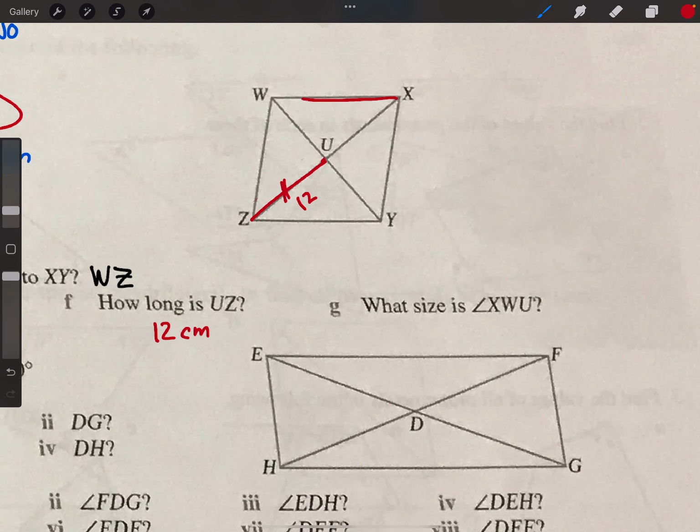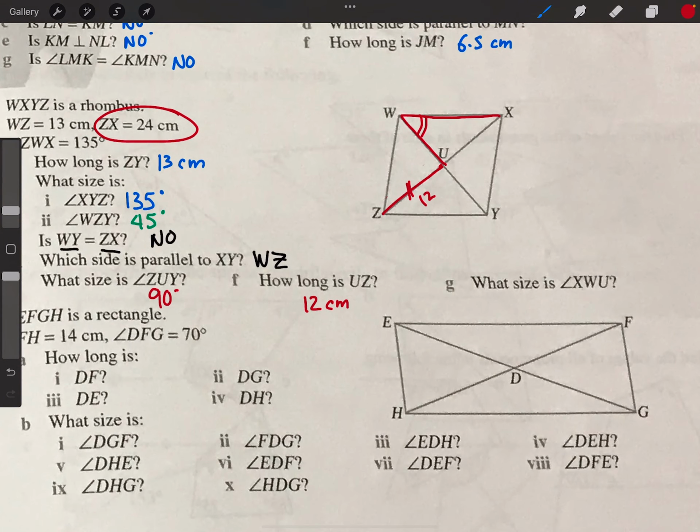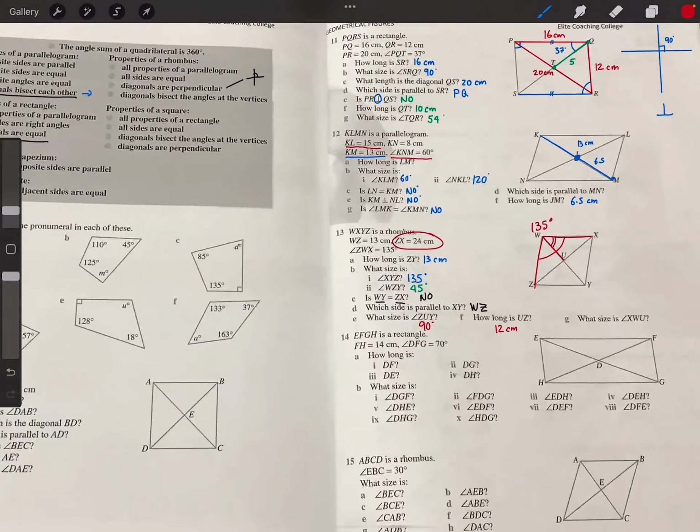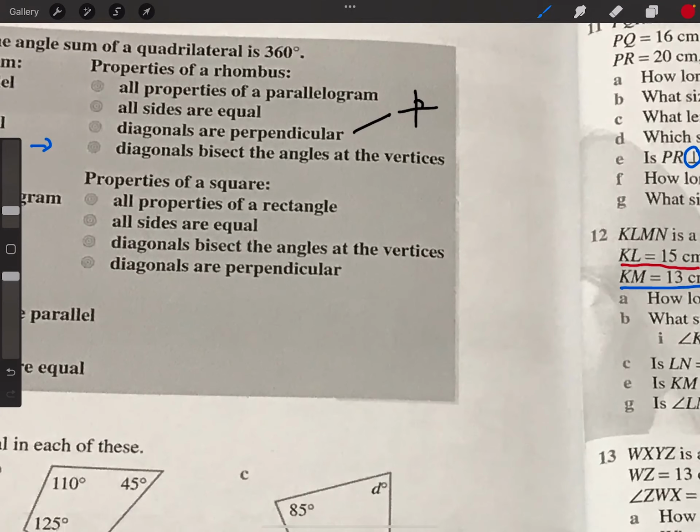What size is XWU? So what's this angle here? Now, how do we work it out? We know the whole angle is 135 degrees, and we also know that the diagonals bisect the angle at the vertices.